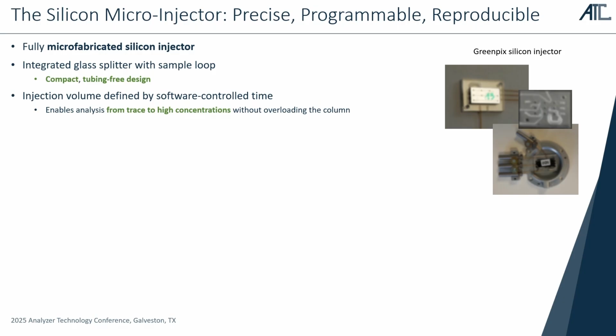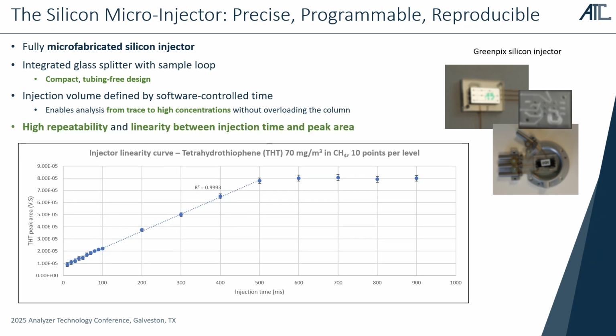So you're able to both inject a low amount of sample for percentage level analysis and a large amount of sample to optimize trace analysis. Of course, it's very repeatable, and here you have an example for THT, which is a common odorant. This is the injector linearity curve measured on THT, so peak area as a function of injection time.